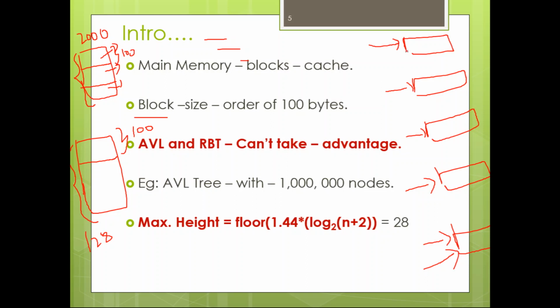If it is in the leaf node, how many comparisons do you have to perform? Obviously log n comparisons. Or let us assume the tree level is 5. Then it has to perform 5 comparisons. Now none of these blocks are in the cache, so memory should be accessed 5 times.